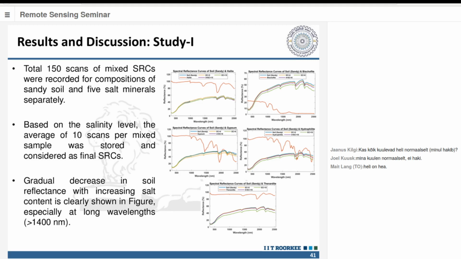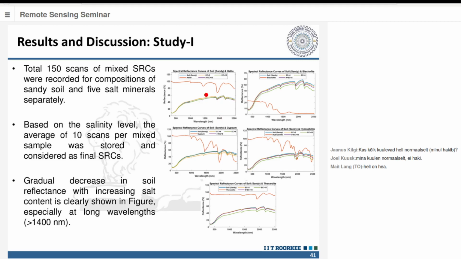In total, 150 scans of mixed SRCs were recorded for compositions of sandy soil and the 5 salt minerals separately. Based on the salinity level, the average of 10 scans per mixed sample was stored and considered as the final SRC. A gradual decrease in soil reflectance with increasing salt content is clearly shown in the figure.